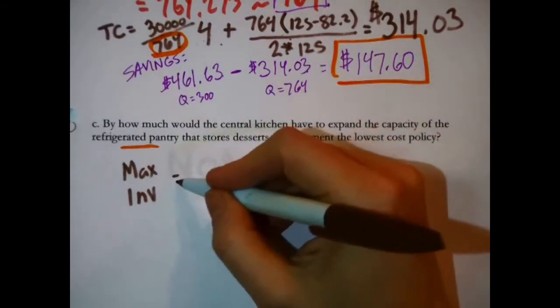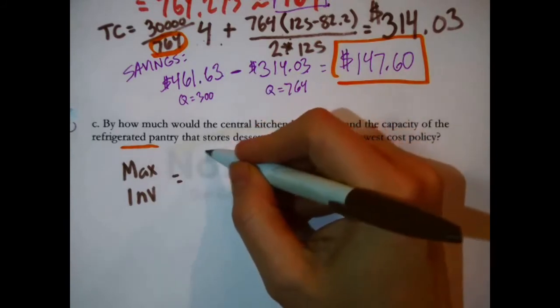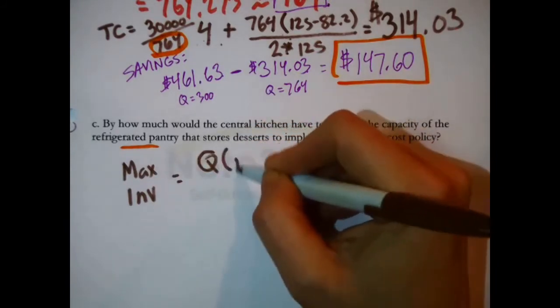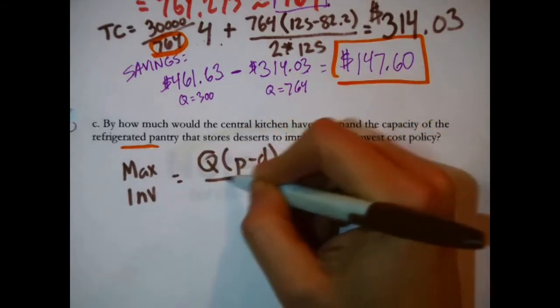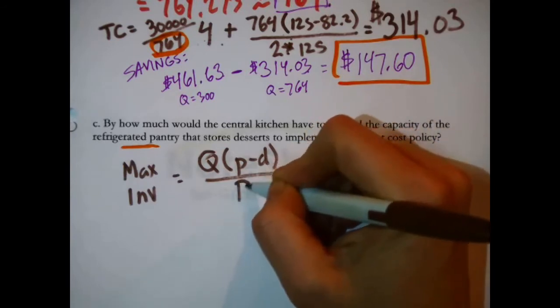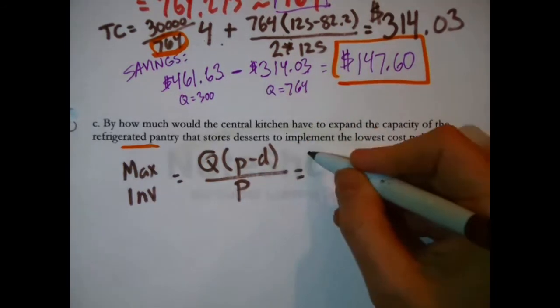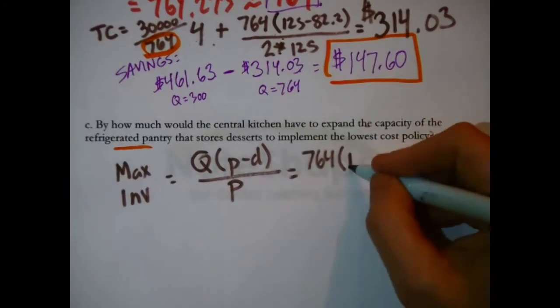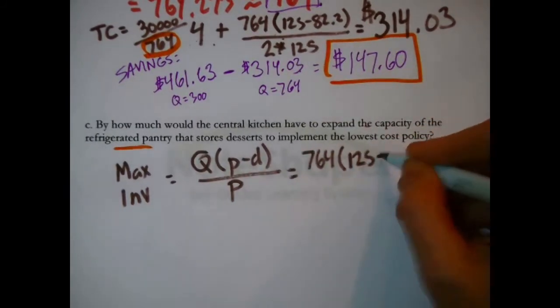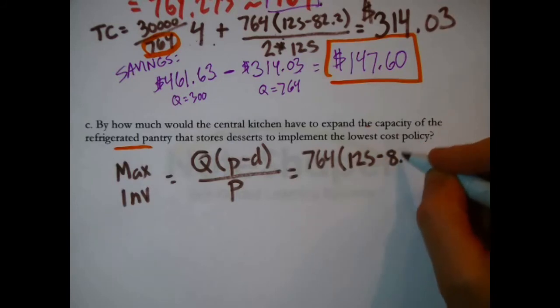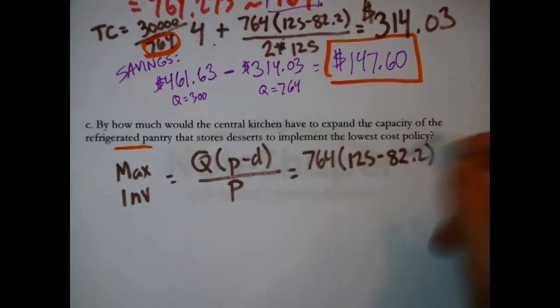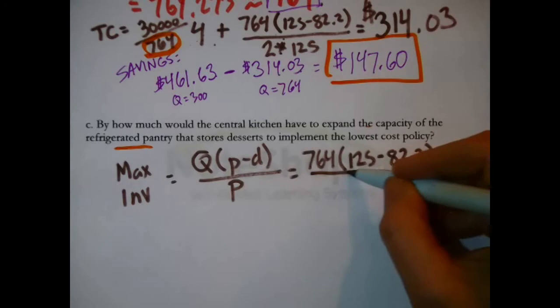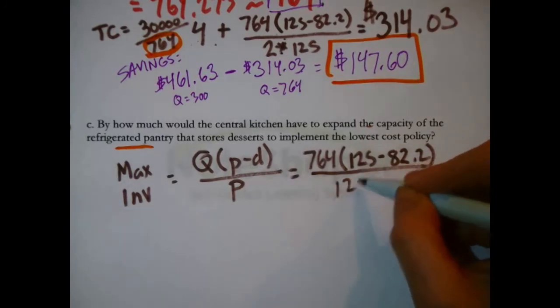Maximum inventory for the EPQ is Q times P minus D, divided by simply P. So in this case, take the 764, multiply it times 125, which is how fast they're making it, minus 82.2, basically how fast it's being eaten every day, divided by 125.